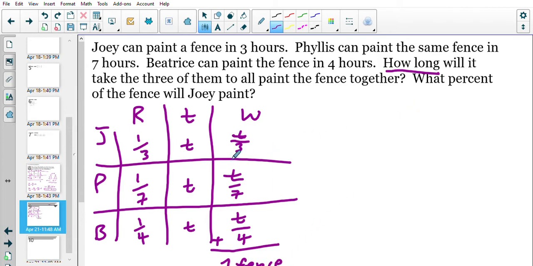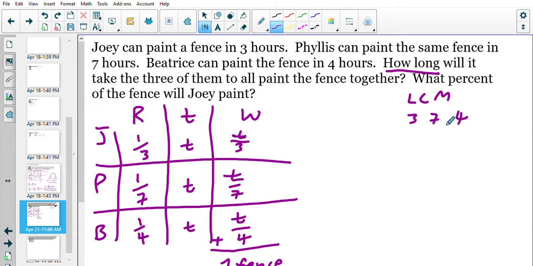So again, we need to find a lowest common denominator so we can actually add these all up. So we're trying to find the least common multiple between 3, 7, and 4. Well, if we look at 3 and 7, those are both prime numbers, and 4 is 2 times 2, so it doesn't have anything in common. What mathematicians call that is relatively prime. 3, 7, and 4 are relatively prime to each other.